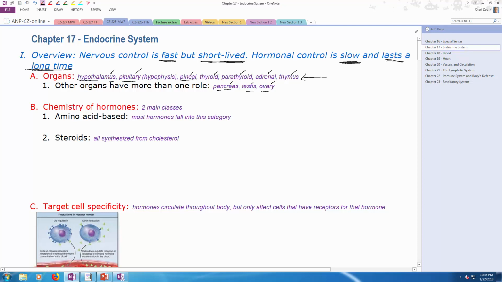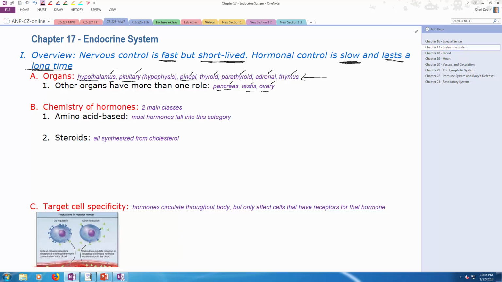Now the pancreas dual function, what's its endocrine function? When you think of the pancreas, what hormone do you guys think of? Insulin, and that's what we're going to talk about. We're also going to learn about glucagon, which is another hormone that the pancreas actually produces and secretes into the bloodstream. What other things does the pancreas do for you? Do you know?